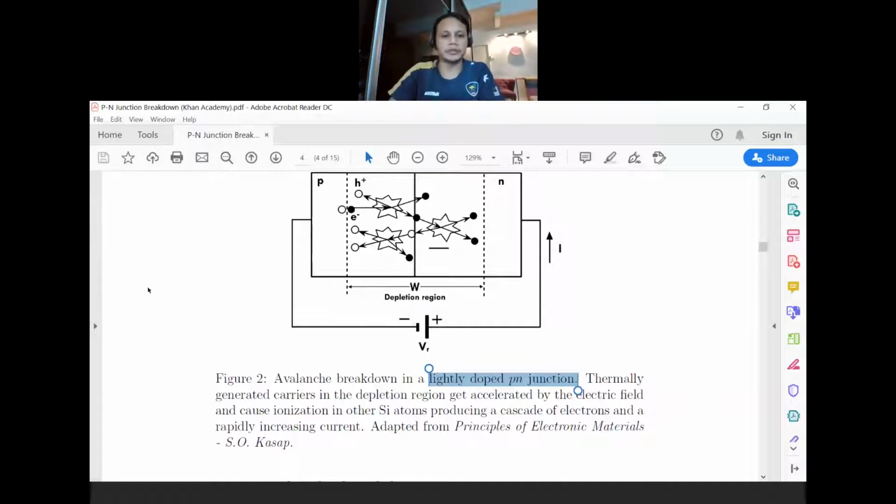So what happens is, when you increase the negative voltage significantly, to a high negative value, the electric field inside the depletion region will be a lot stronger, and the depletion width will also be widened.